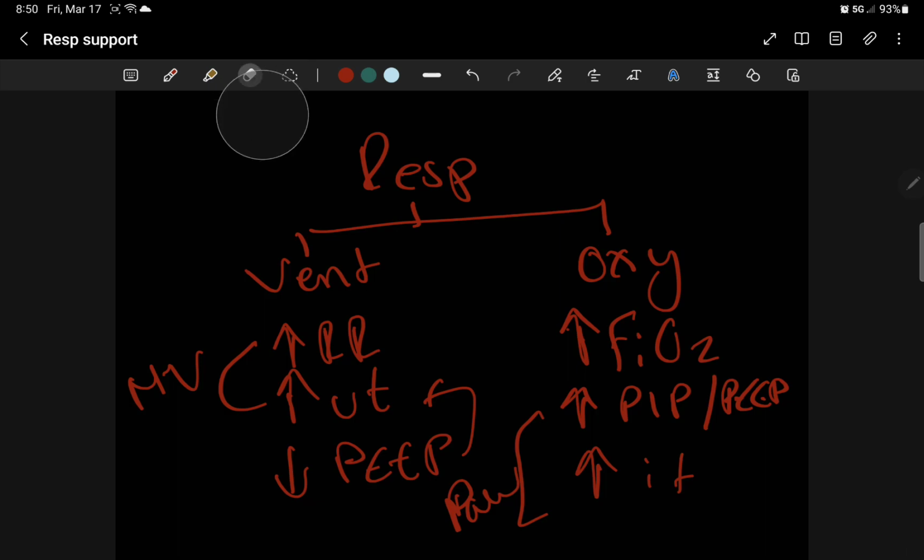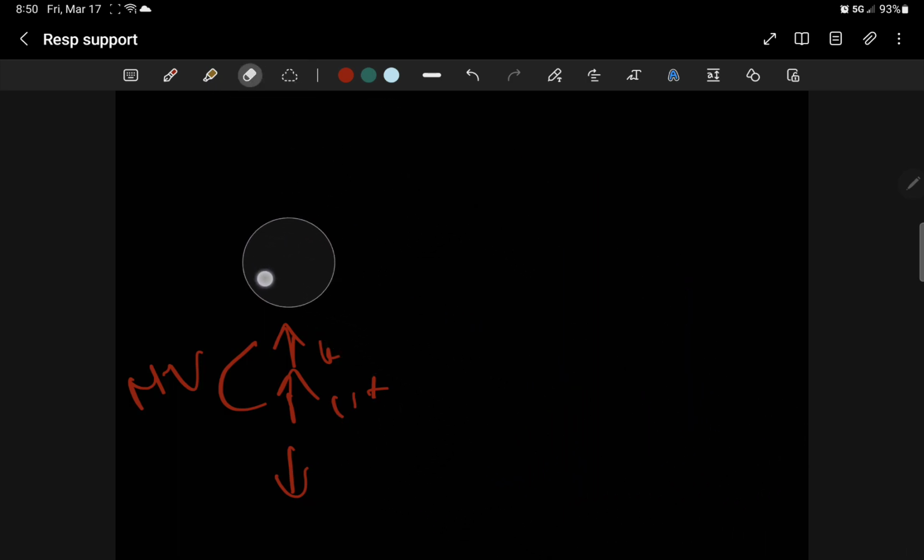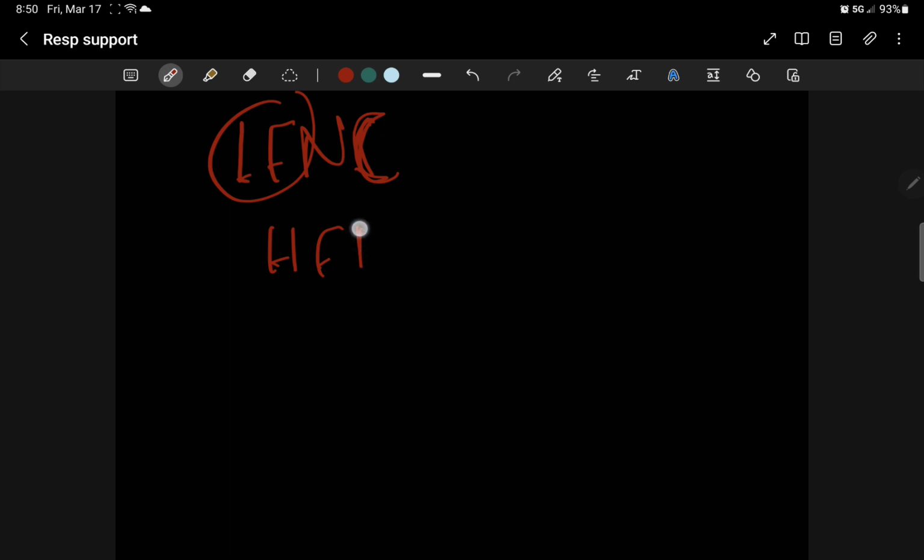That being said, we need to understand the different modalities of respiratory support. You have that patient that comes in and you want to give them treatments. So the modalities range a little bit. You'll have a patient that comes in with something that we can say low flow nasal cannula, even though low flow in itself is not a very accurate term, but still it's a good way to differentiate between a low flow modality versus a high flow modality.